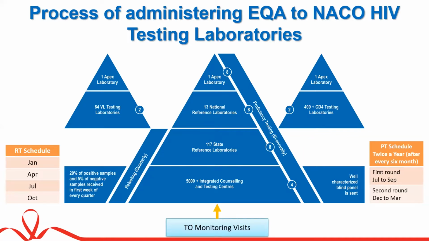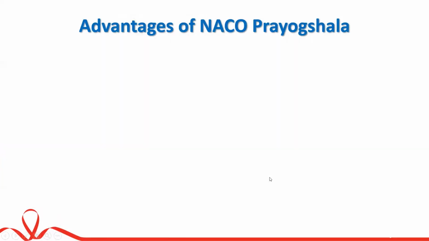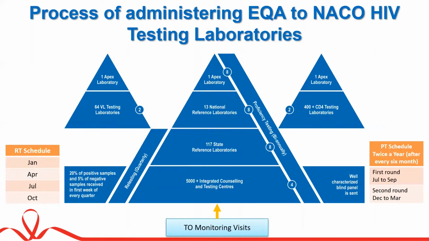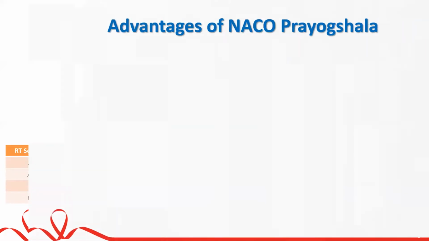For this purpose, the NACO-Prayogshala was developed by NACO and Apex Laboratory NARI, and this will help fast track the activity. The retesting schedule is 4 times a year, which is January, April, July, and October, whereas proficiency testing is twice a year, after every 6 months. So this is how it is conducted.